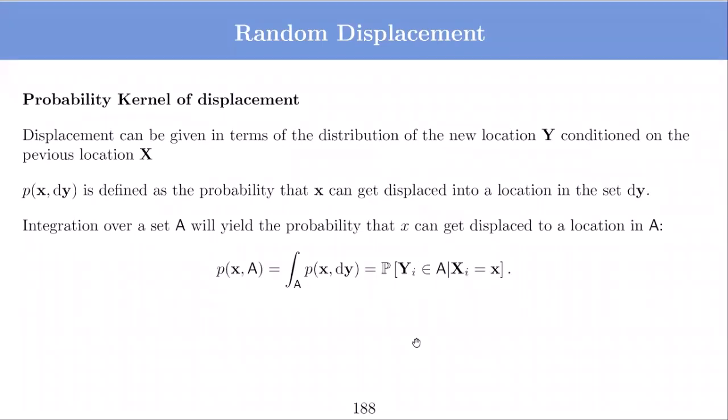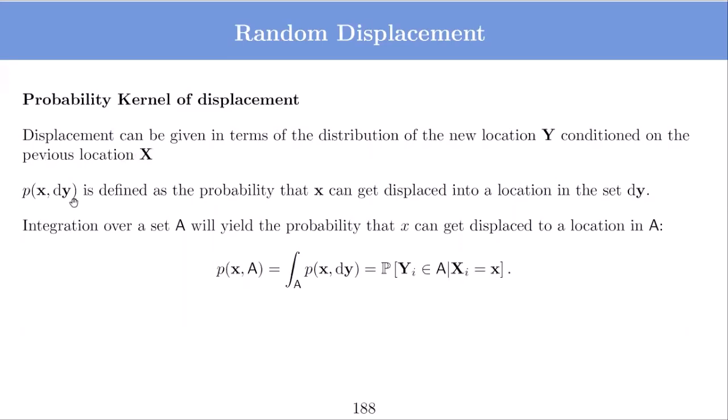So that was one example, which was performed using a particular type of scaling displacement by an exponential random variable. Now, for a general case, what we talk about is the probability kernel of displacement. Displacement can be given in terms of the distribution of the new location conditioned on the previous location.